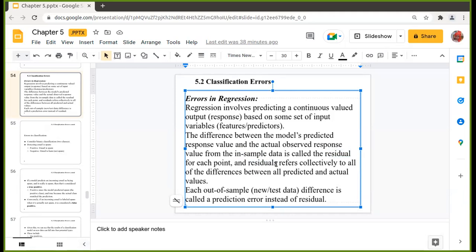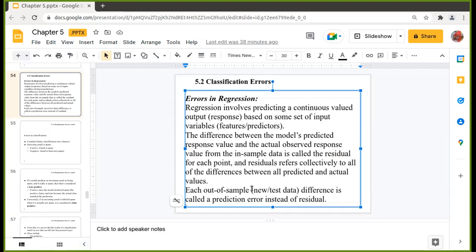So if I'm having training data of 10 points, and I calculate the residual for each of the 10, collectively these 10 residuals will be referred to as the residuals.